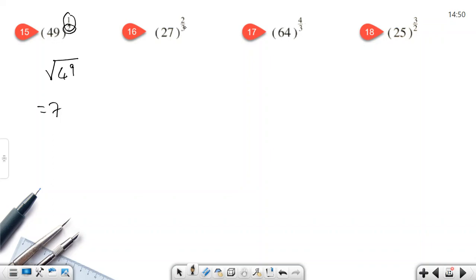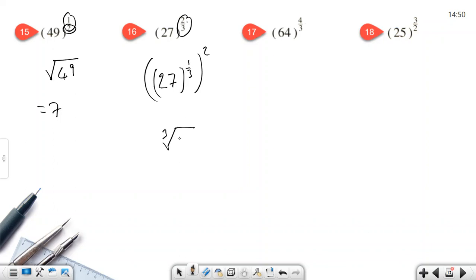Now look at that one. 27 and the power of 2 over 3. This is exactly equal: instead of 2 over 3, I can write 27 power of 1 over 3, power of 2. Why? 2 times 1 over 3 is 2 over 3. So don't forget, that's a cube root.